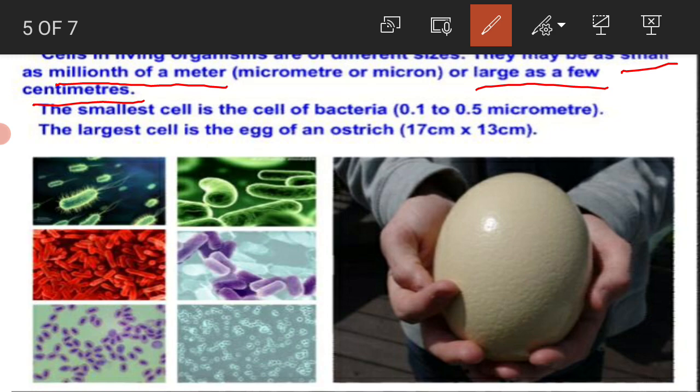The ostrich egg cell is one of the largest cells. The smallest cell is the cell of bacteria. So which is the smallest cell?